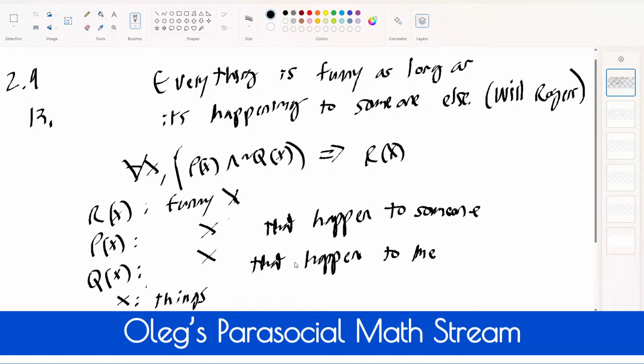Now in this case, it could be me, it could be someone else. So the P of x could be me, but by combining that with not me, we can't be me and not me. That's a false statement. If you look at the truth table, it wouldn't work. The P has to be, on an and, they both have to be true, right?